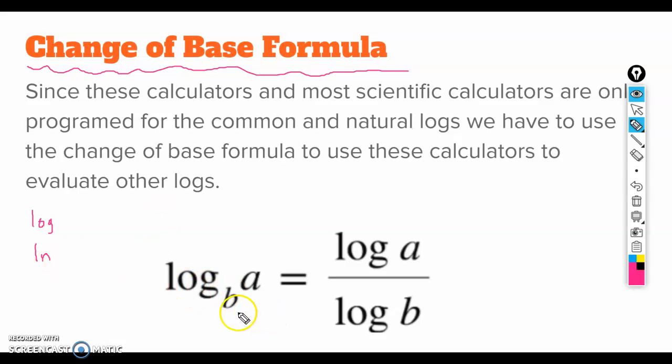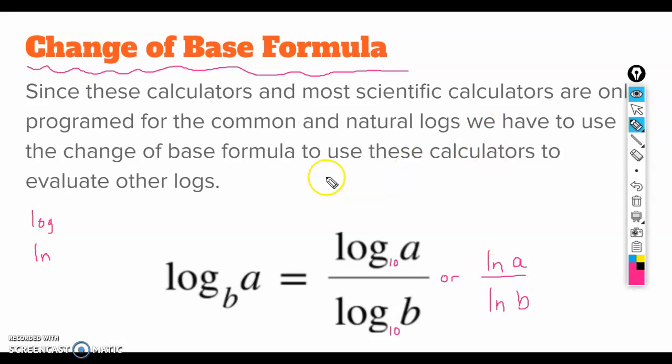If I have log base B of A, to find that log, all I have to do is take the common log of A divided by the common log of B, or the natural log of A divided by the natural log of B. Both of those will work. And we call this the change of base formula because we're changing it from being the base of B to being either base 10 or base E, because those are the buttons we actually have on our calculator.